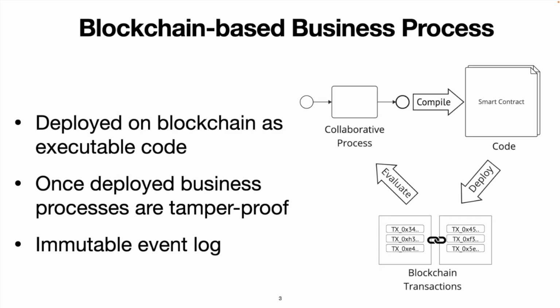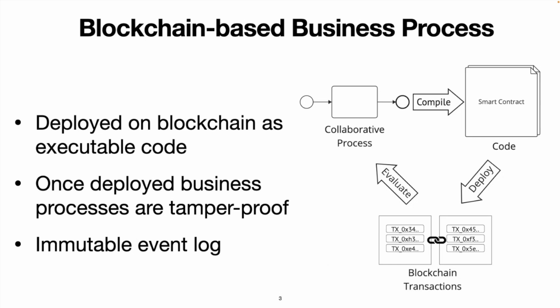Okay, so starting with the blockchain-based business process, this is the foundation block of the entire work. What differentiates these processes from the standard processes is that they are executed on the blockchain. So we have a business process that could be presented in different ways.